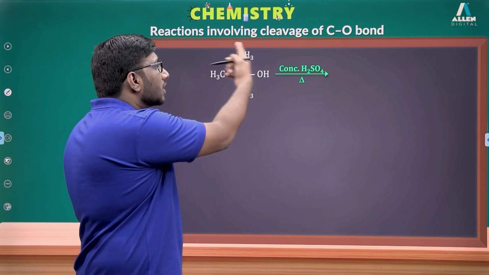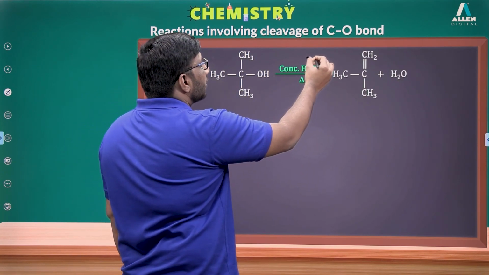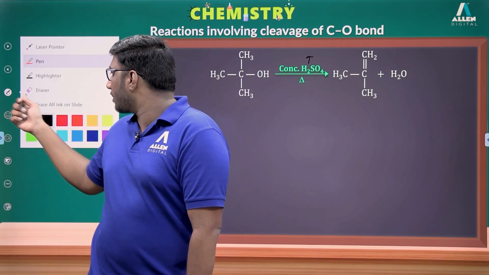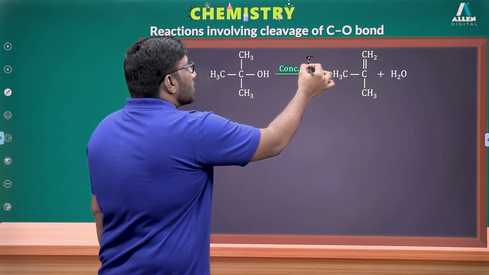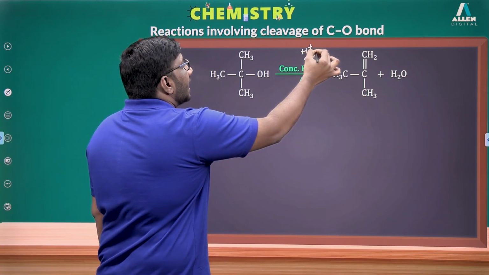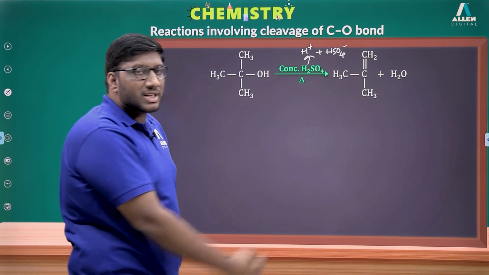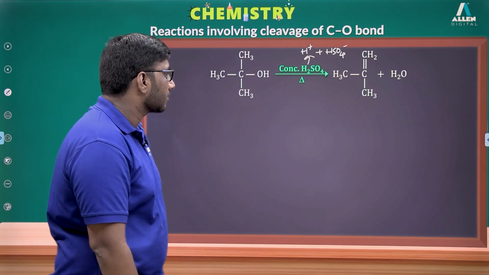We are treating this alcohol with concentrated H2SO4. H2SO4 will be giving H+ and HSO4-. H2SO4 is an acid, which means HSO4- will be the conjugate base.